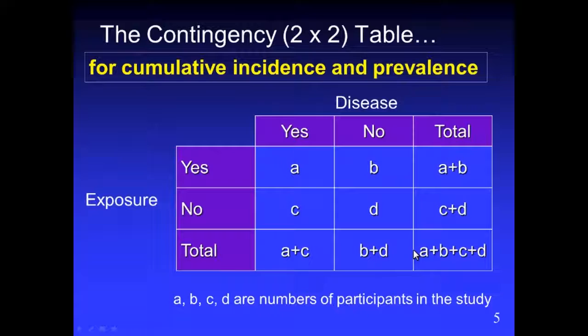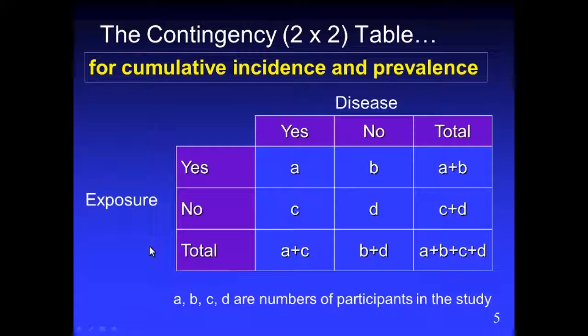So let me now introduce the 2x2 table. We use 2x2 tables a lot in epidemiology, and I and others keep them in our heads just so that we can do quick mental calculations, and you'll probably get used to this, trying to work out relationships between disease and exposure.